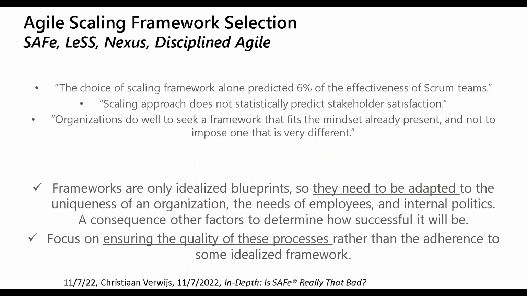There's some research that I found recently, which I thought was incredible, because it actually highlights that the choice of the scaling framework doesn't really define the success of the Enterprise Agile initiative.